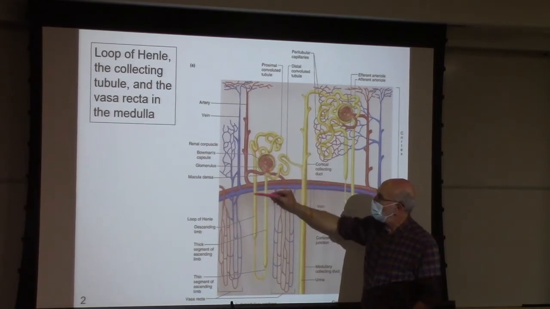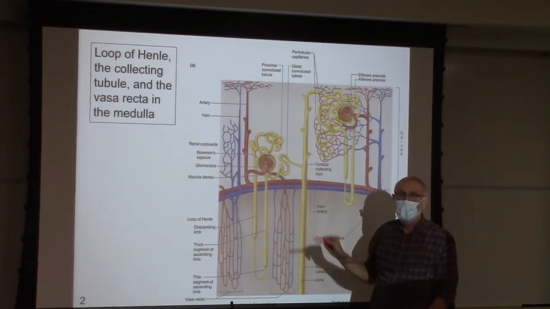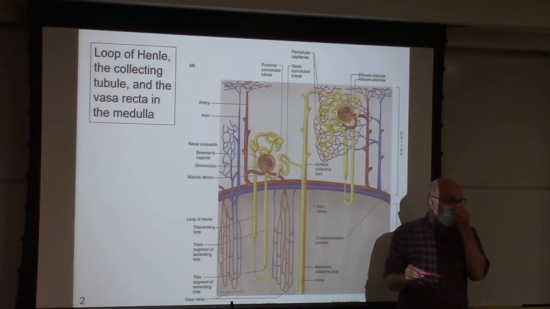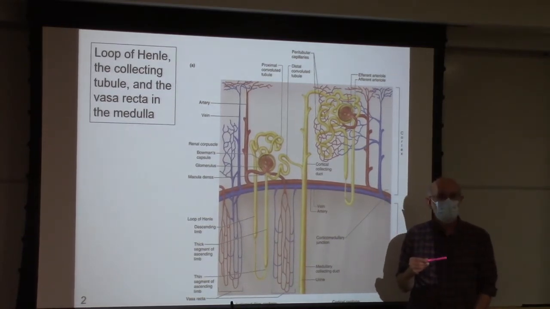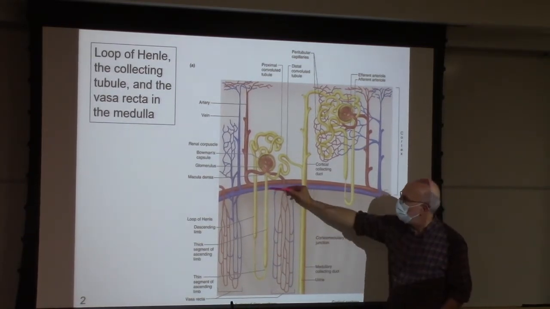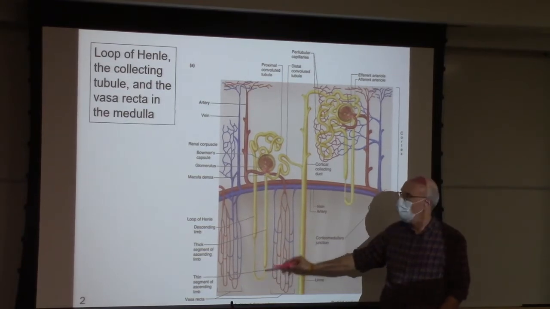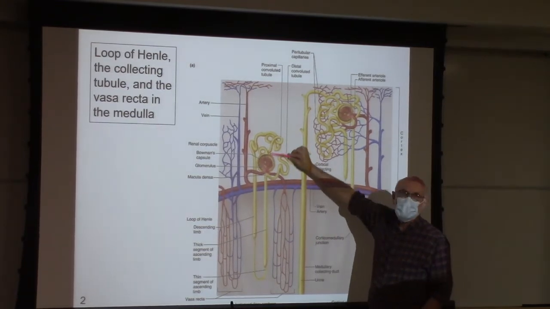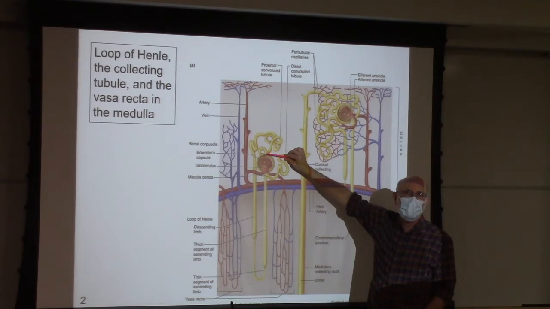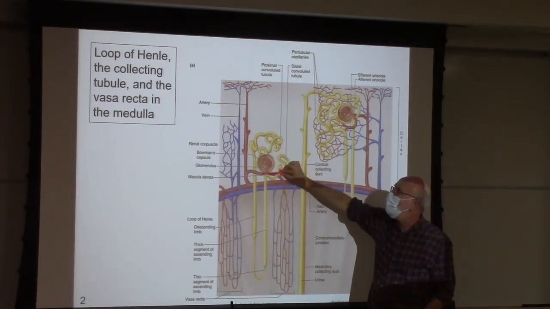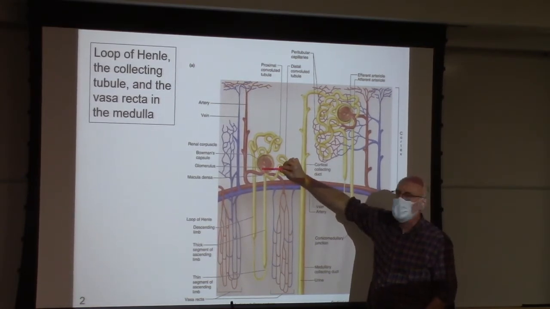Okay, so now we're moving into the loop of Henle, where the sodium transport mechanisms are designed to build a solute gradient. So out here it's isotonic, 300 milliosmoles per liter, 300 milliosmolar, isotonic with blood plasma.